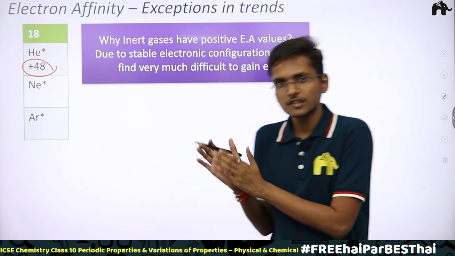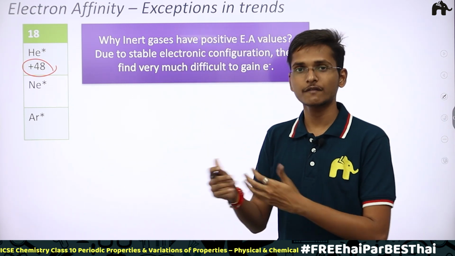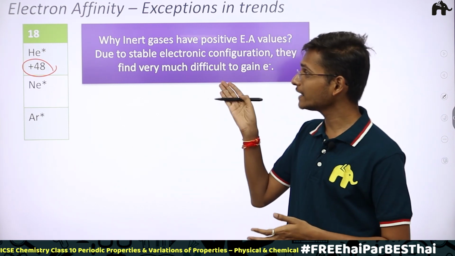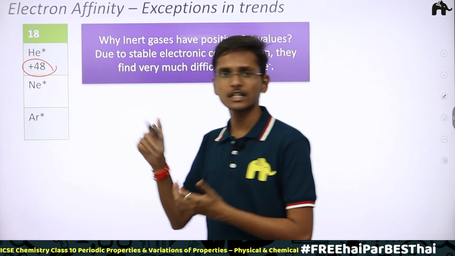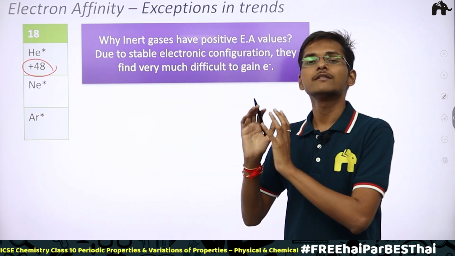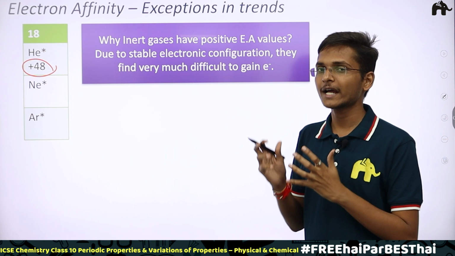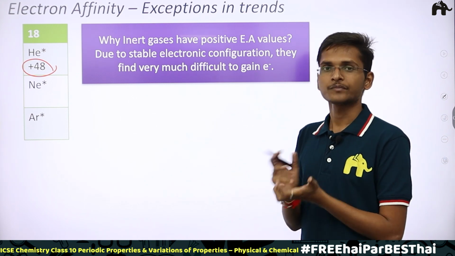This is something new to you, because till this point we have learned that electron affinity is represented by a negative sign. Why is helium showing a positive electron affinity value? Likewise, neon and argon also show positive electron affinity values. This is an exception.